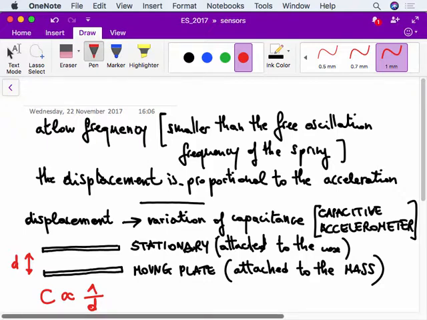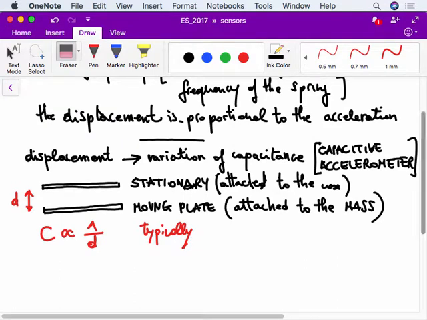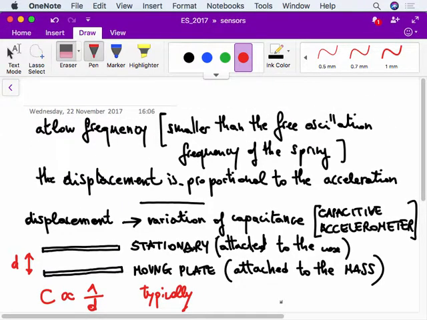Okay, and in order to do that, we need a very small movement. Typically, the moving parts have a very small movement, because the variation of d is something like a few micrometers.